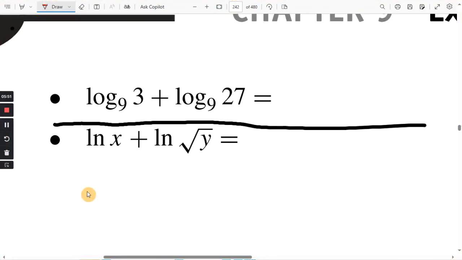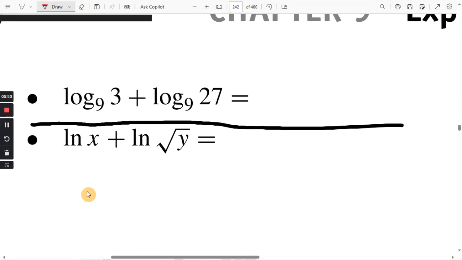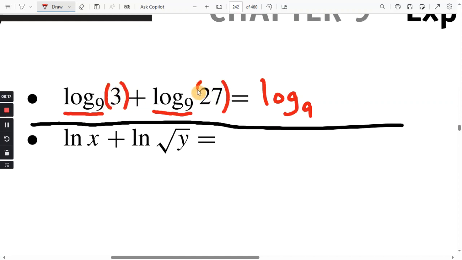All right, 2 more examples, and in these examples, we're going in the opposite direction. Here, they're already added, and what we're going to do is we keep the log base 9, which we have on both problems, log base 9. All right, and now the argument here is a 3, and the argument here is a 27.